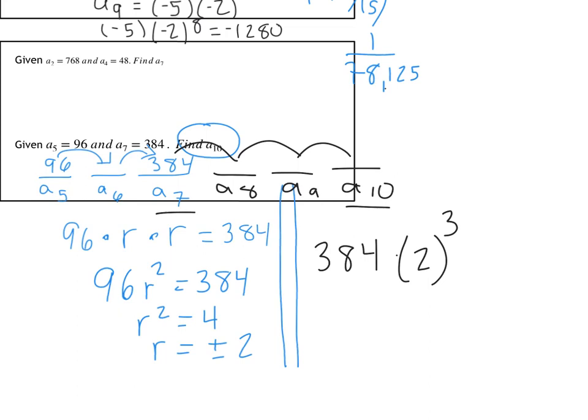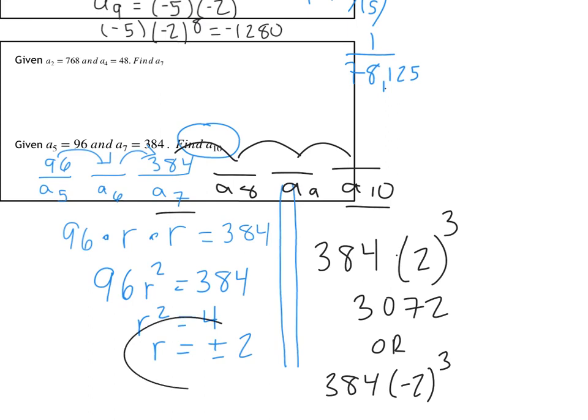Okay, so if we do our calculation on this one, 3,072. Or my ratio could be a negative 2.